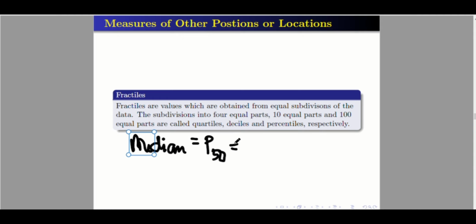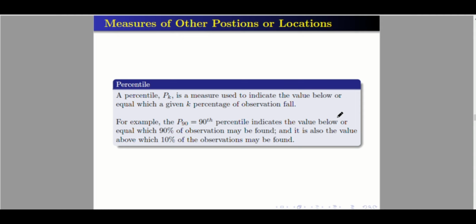When we go to deciles, we have D1 to D10, so the median, of course the middle, is D5, or the 5th decile. And for the quartiles, 4 divided by 2 is 2, so the median is at the second quartile, Q2. So the median is equal to P50, D5, and Q2.